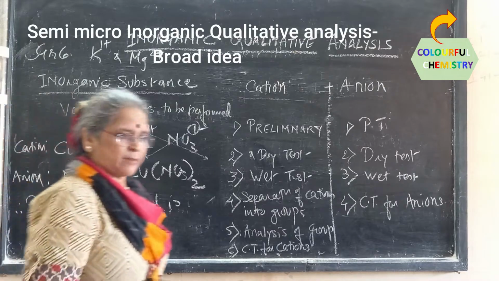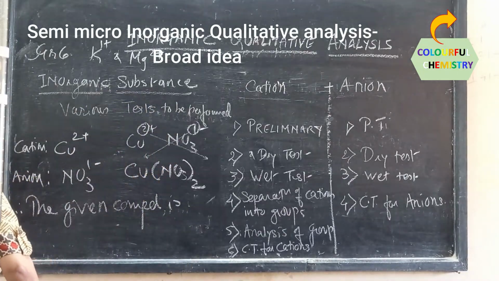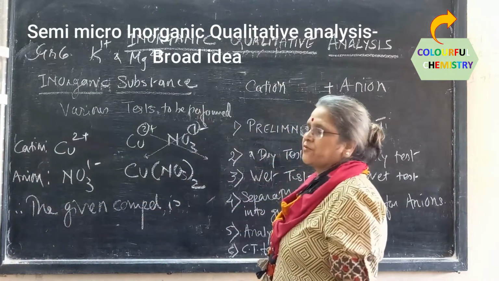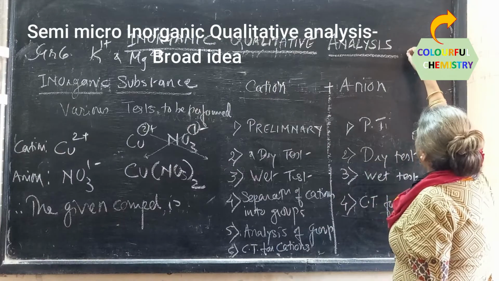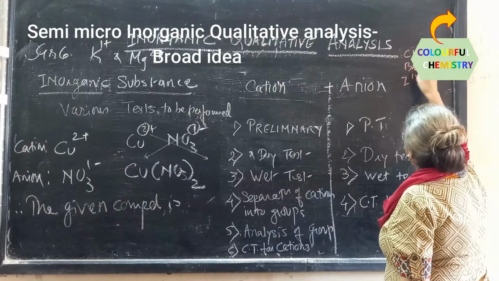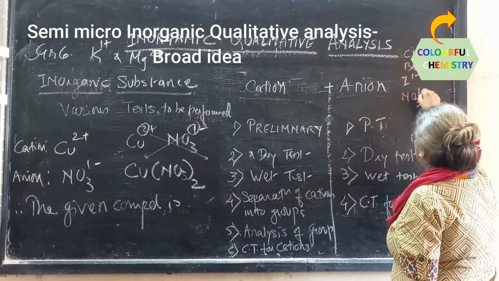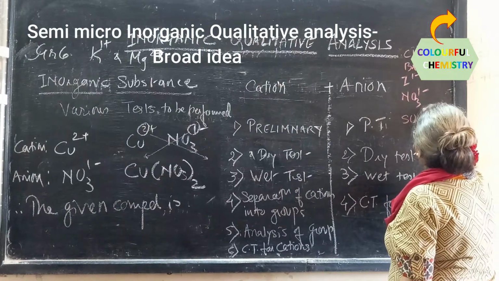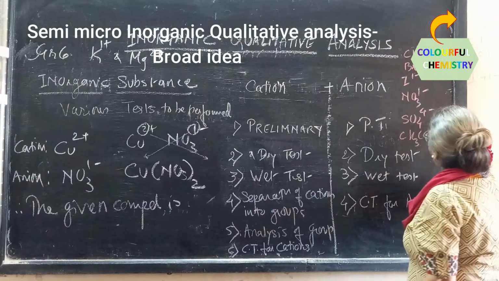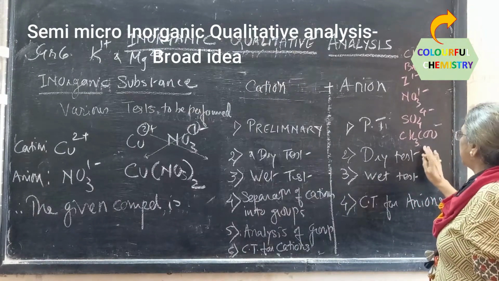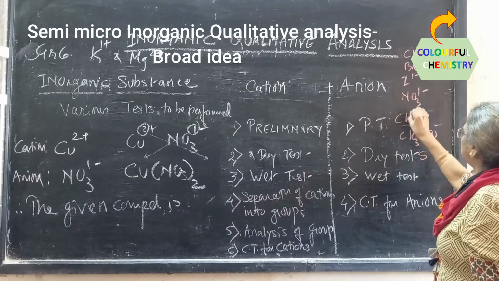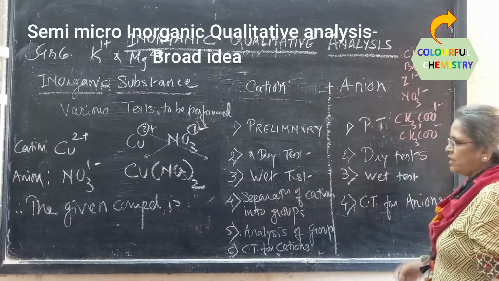Now, what are the possible types of anions that we will be detecting? I just wrote the list of cations. The possible anions are all the halides: chloride, bromide, iodide. Then NO3, sulfate, or acetate. Acetate, CH3COO, is a monovalent ion.